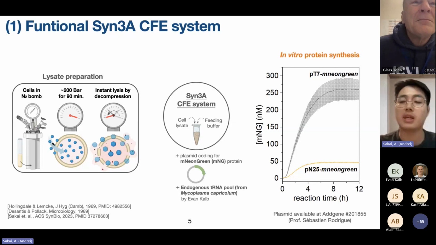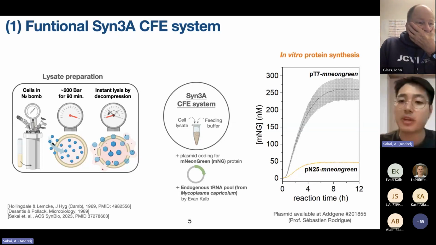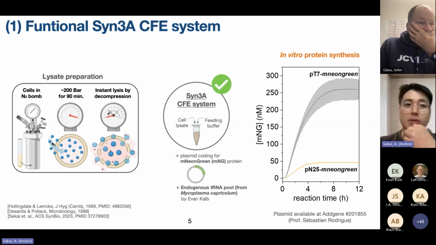And it was either controlled by an exogenous T7 RNA polymerase or by endogenous RNA polymerases, which were already present in the lysate. So with this, we accomplished the first goal, which was having this syn3A CFE system so we can use it for other purposes.